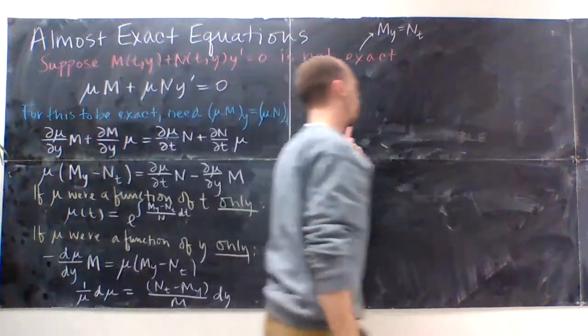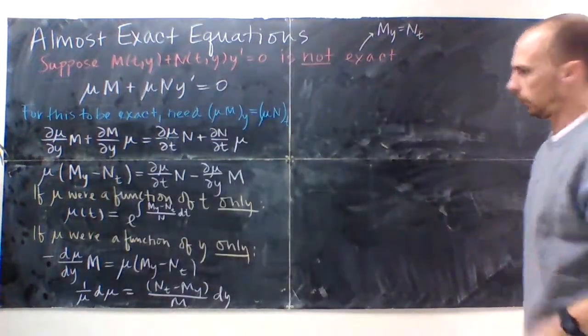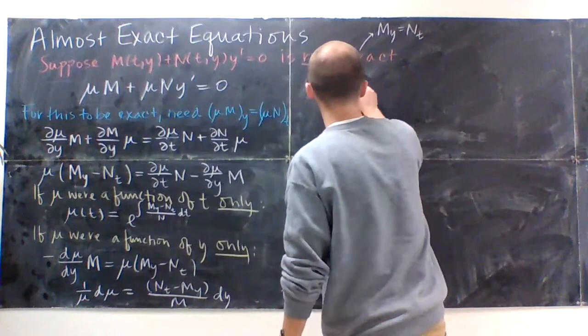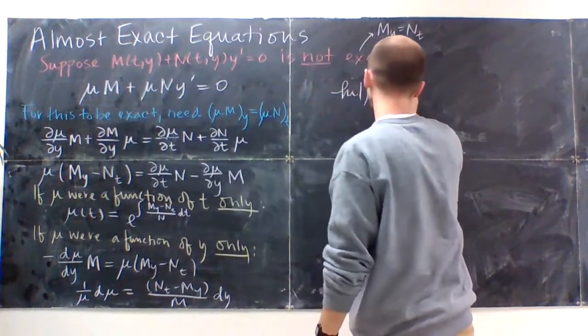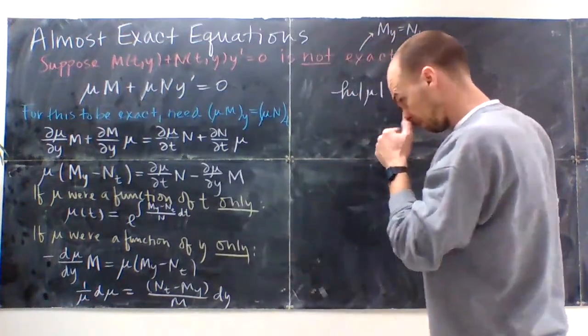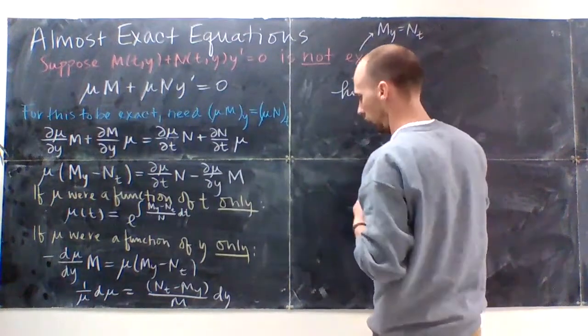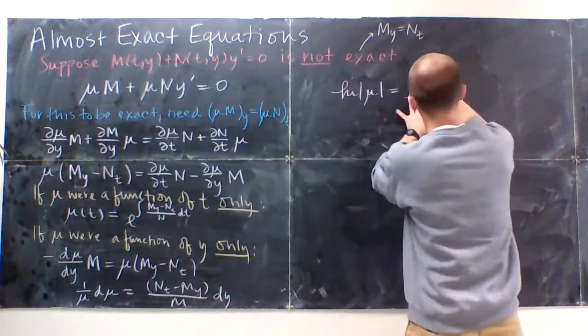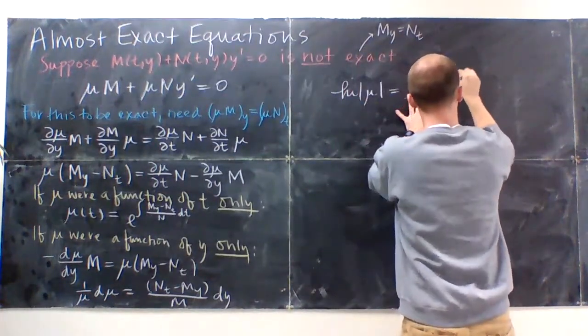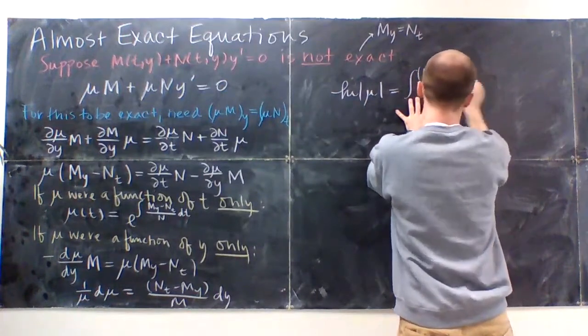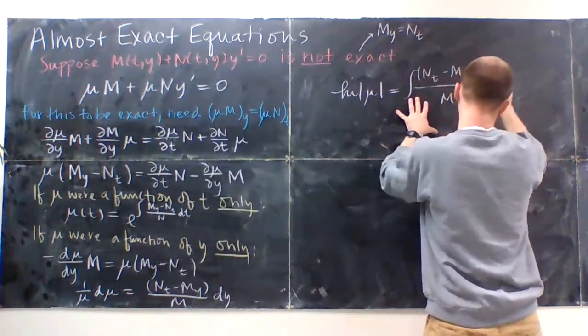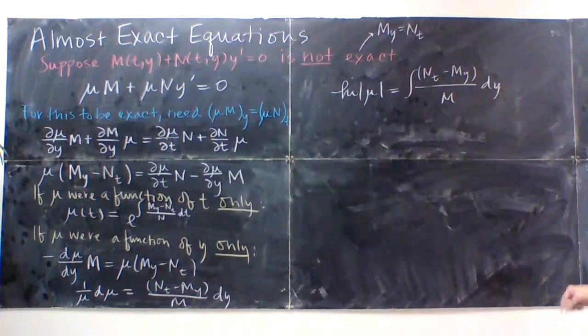And then I'm going to move up here, and I can anti-differentiate that, so it'll be the log absolute value of mu equals the antiderivative of nt minus my, divided by m, dy.